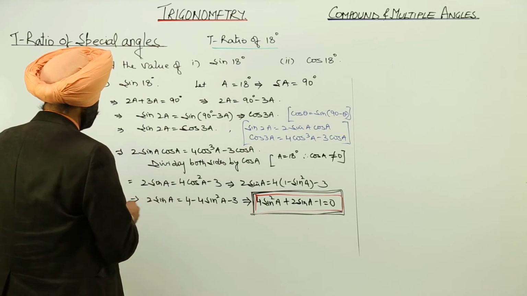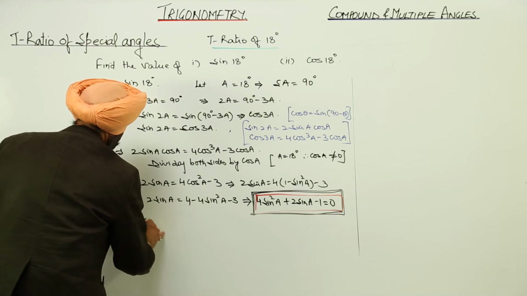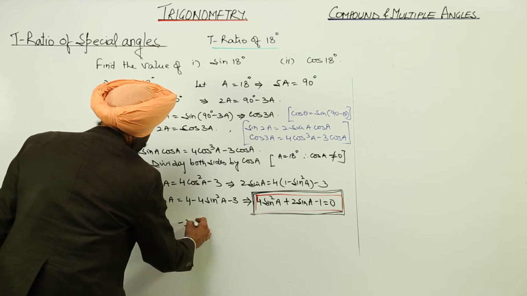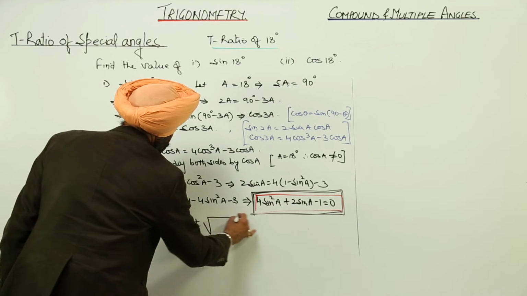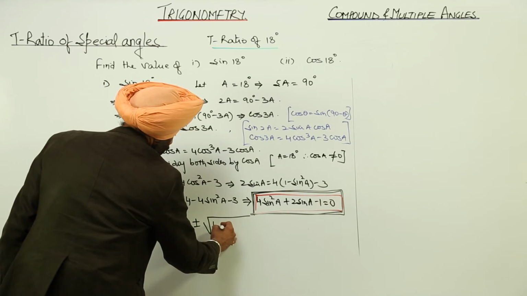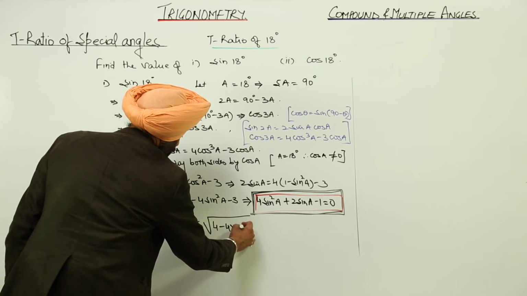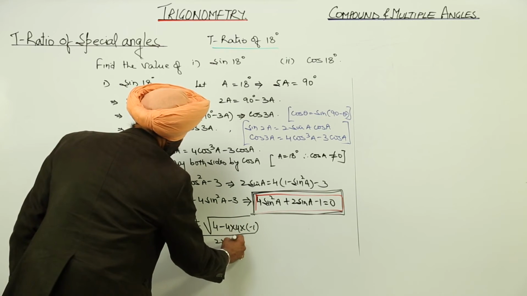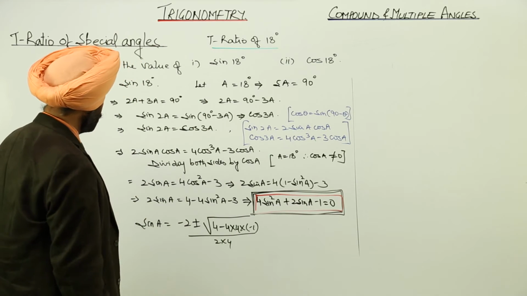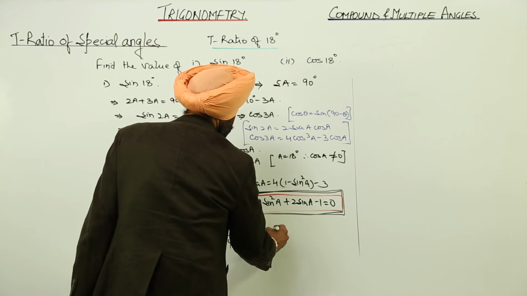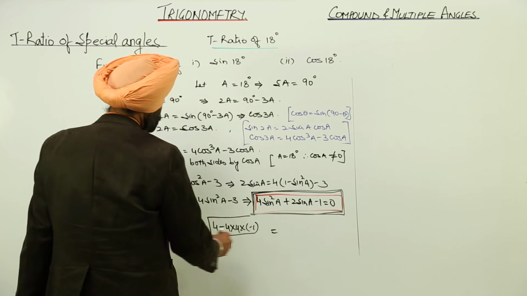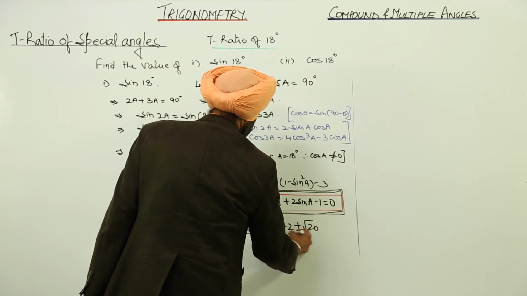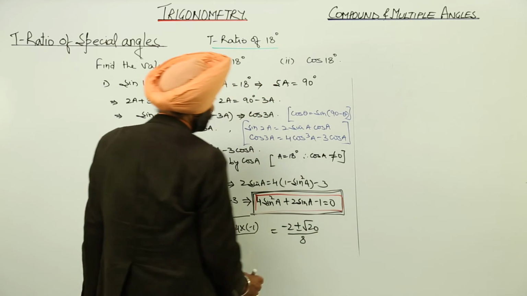Now sin A is equal to negative of 2 plus or minus the square root of (2 squared minus 4 times 4 times negative 1), upon 2 times 4. So this becomes minus 2 plus or minus under root 20, upon 8.